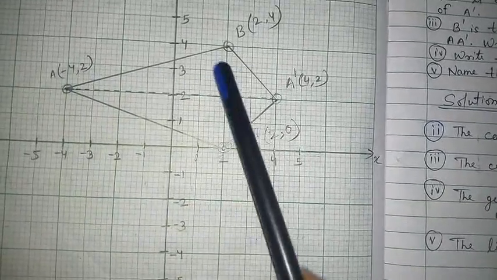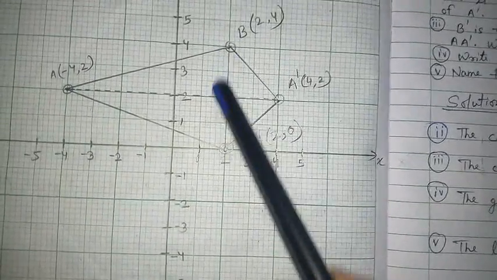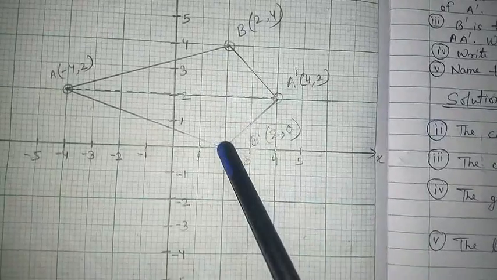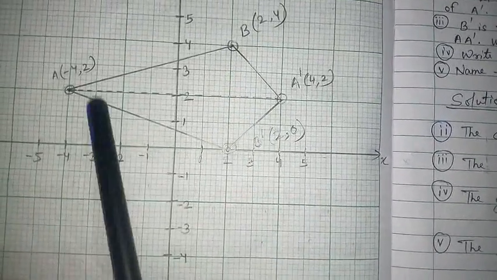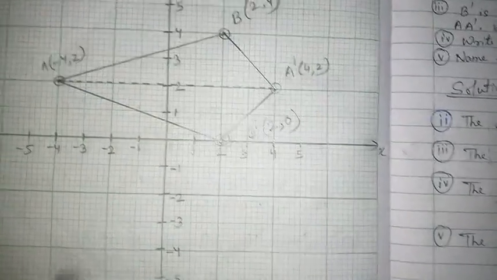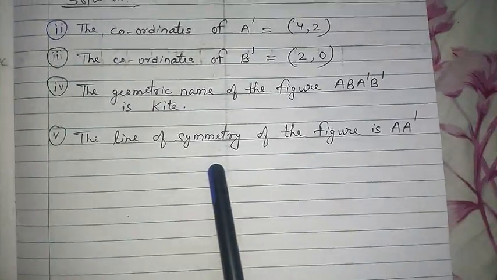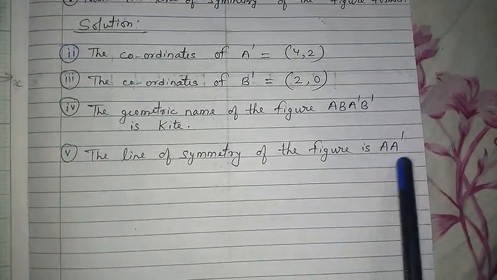So by drawing this line, this same figure has become 2 equal halves. Let me remind you, equal halves it should be. So I can say A dash is the line of symmetry. The line of symmetry of the figure is A dash.